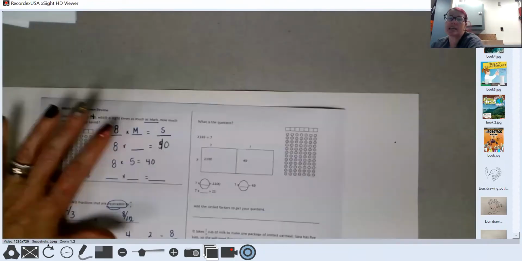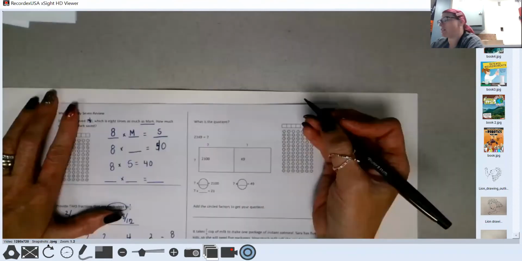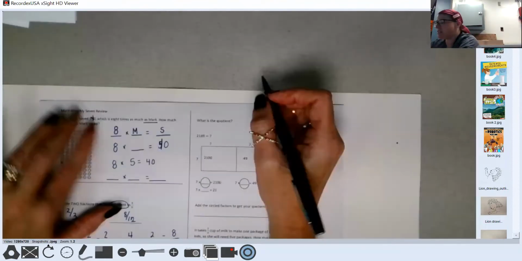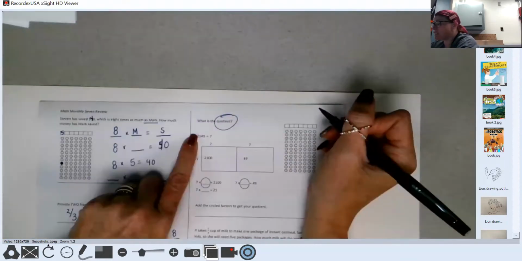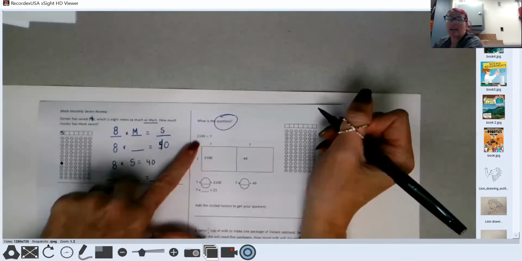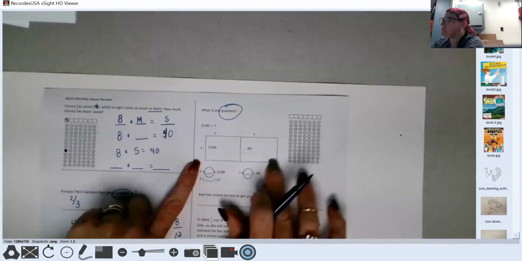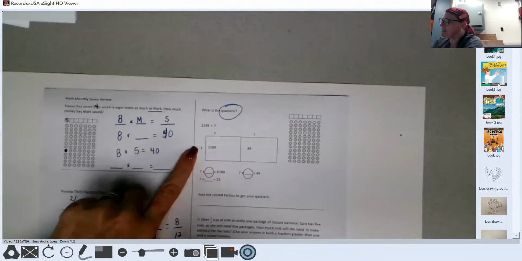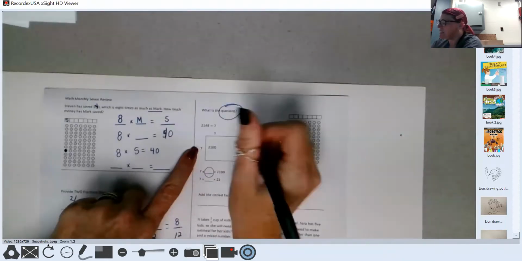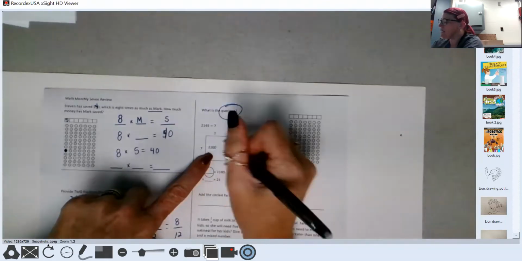All right, the next one says, what is the quotient? Now, quotient means division. I'm comprehending, which means they want me to figure out the answer to this division problem. They've given me this setup of partial products here. So this is the same thing as saying, what times 7 equals 2100?